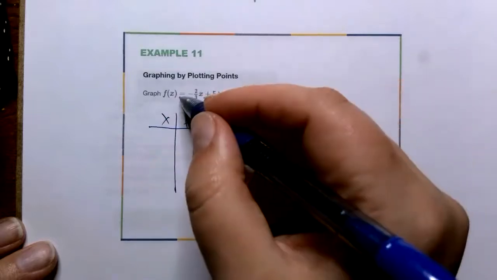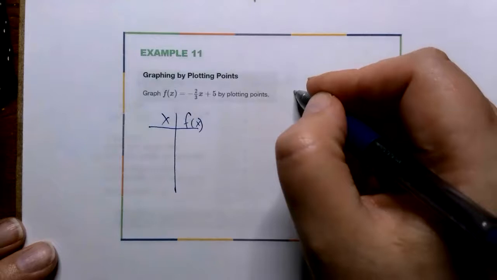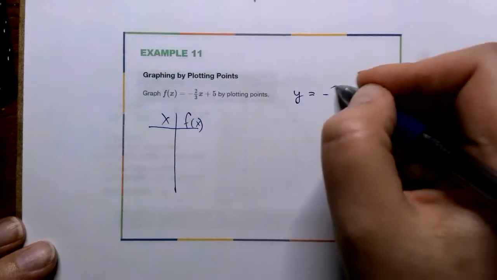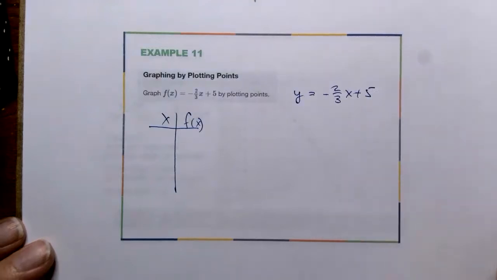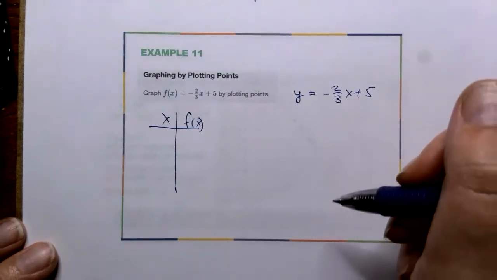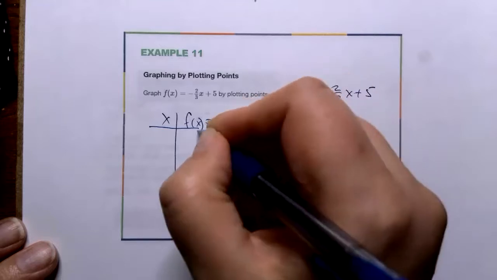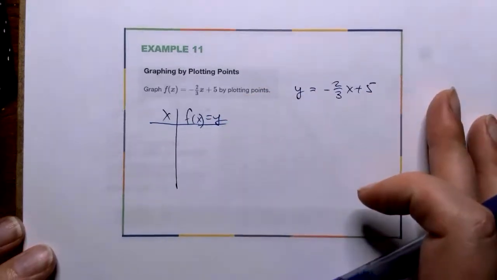Now let's recall that f of x is the same as y, so we can substitute y for f of x. Negative 2/3 x plus 5 is our equation for finding y values, or f of x values. And then we select a couple of points.